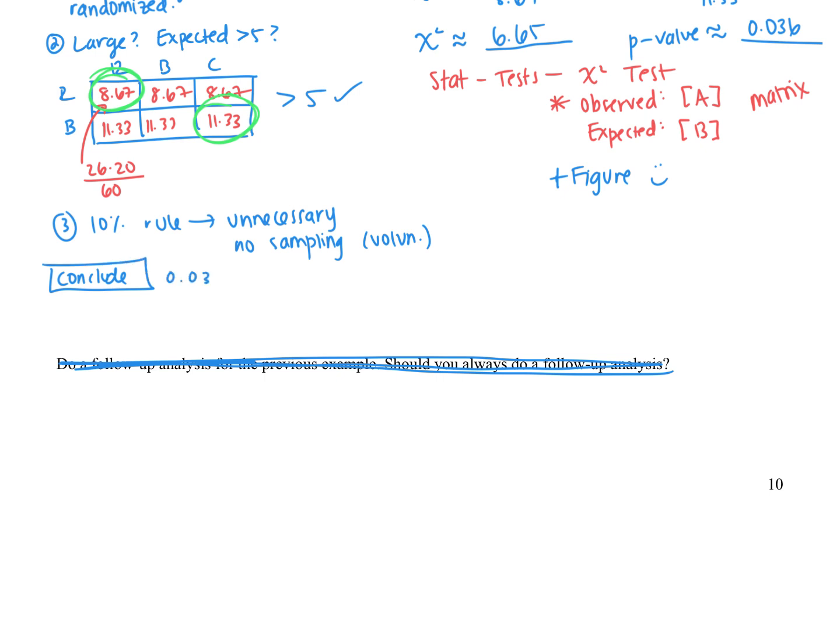So 0.036 is less than 0.05, so I'm going to reject.